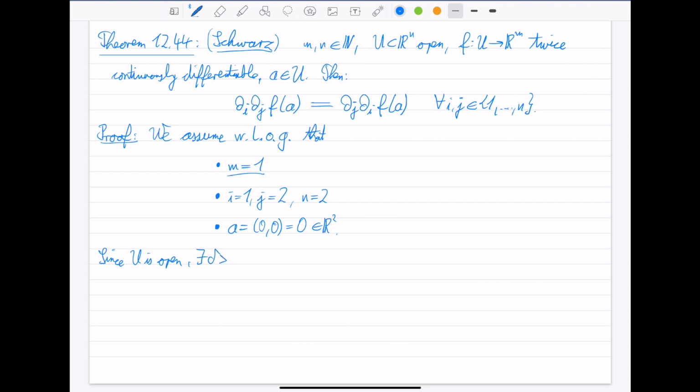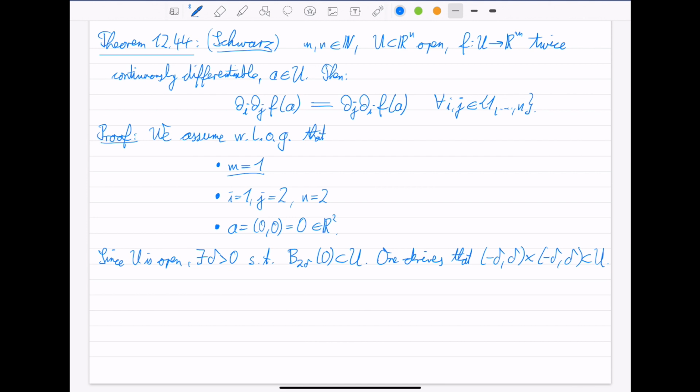So there exists some delta bigger than 0, let's use delta this time, such that the ball of radius 2 delta, and we will see in a second why this is useful, around 0 is completely contained in U. Then, if we just take the square around the origin, which has the form (-delta, delta) times (-delta, delta), this particular square is contained in that ball, and thereby contained in U. So we have some open square, so to say.